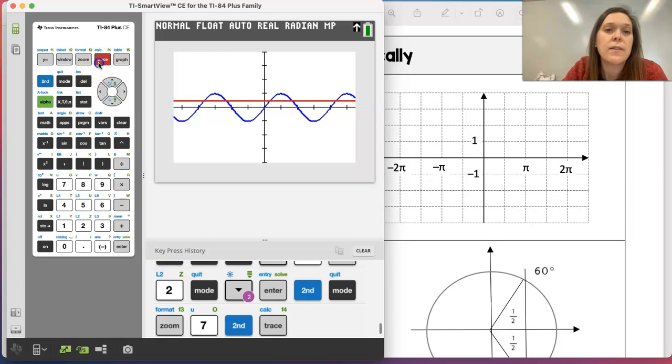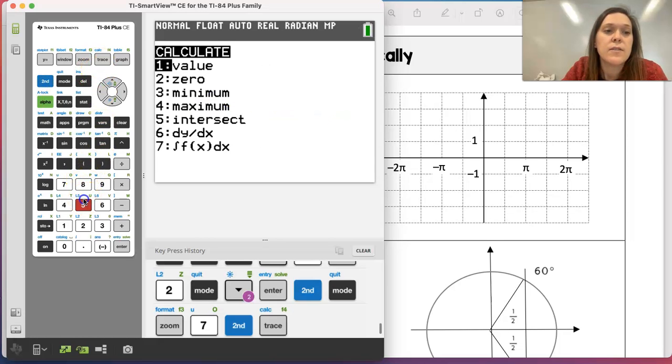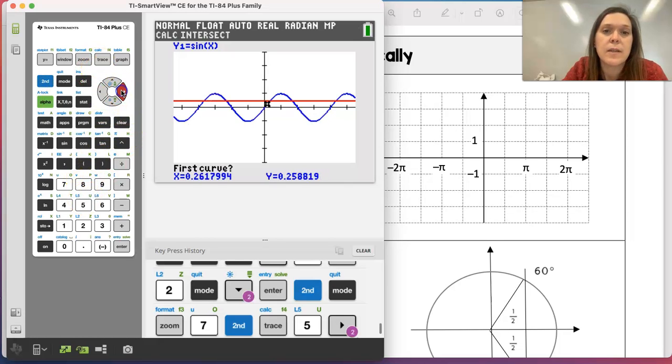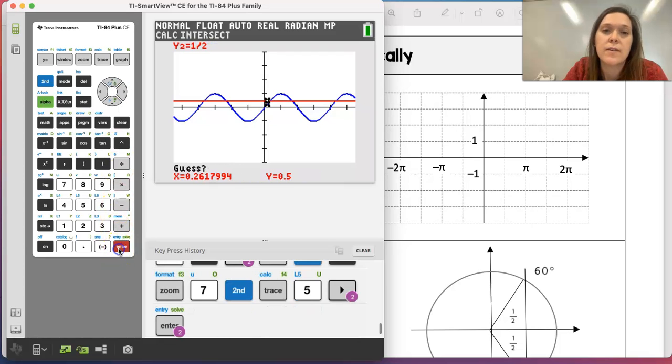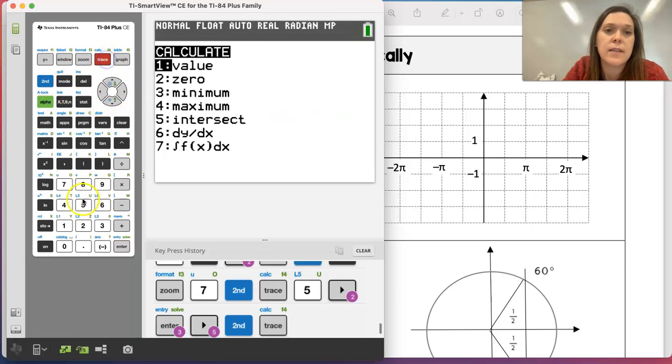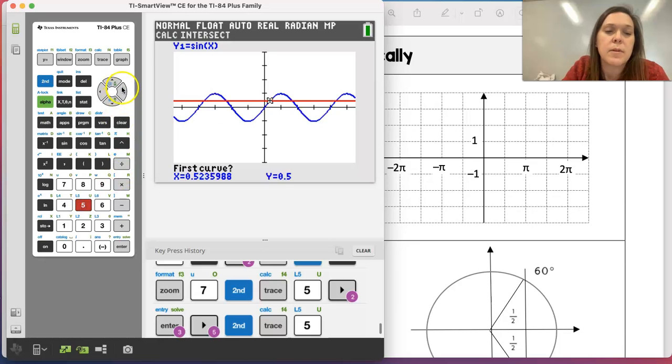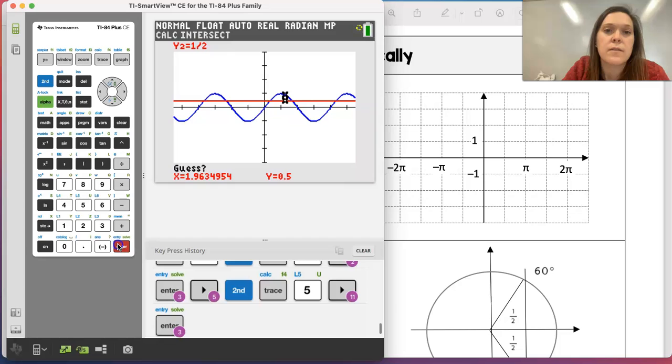Then I can use my calculator to calculate the intersect. It asks me to pick the first curve, the second curve, guess, and there's my intersection at 0.5235988. Then I go find the other one: second, calculate, intersect, move my cursor over this way, curve, enter, and we're at 2.617.